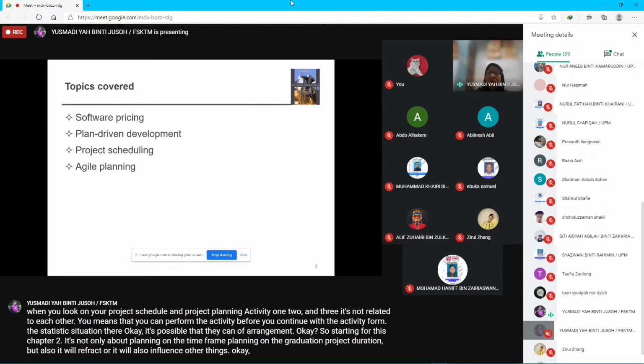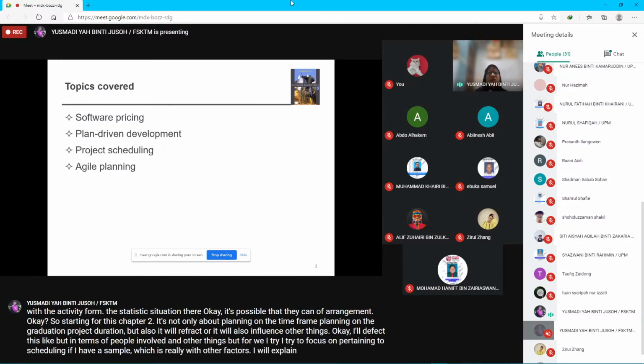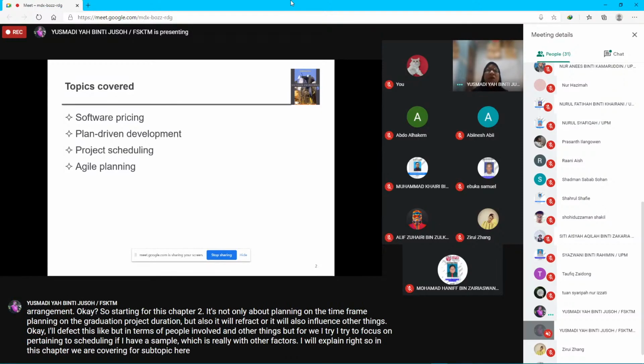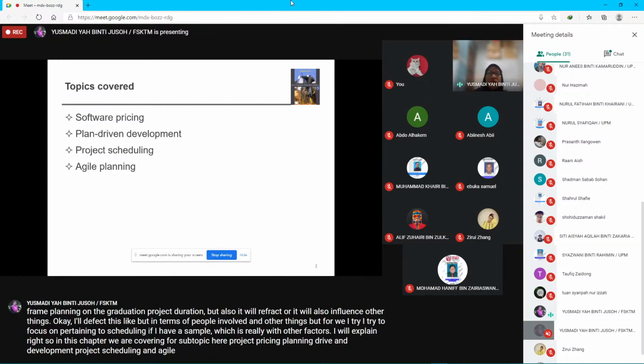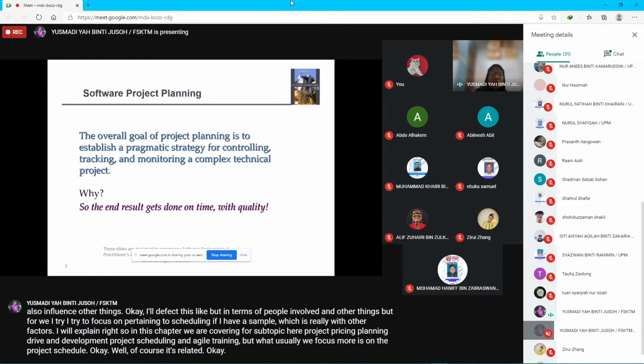But I try to focus on project planning and scheduling. If I have an example which relates to other factors, I will explain. Right. So in this chapter, we are covering 4 subtopics: project pricing, plan-driven development, project scheduling, and agile planning. But what we usually focus on more is project scheduling. Okay, but of course it's related to the other 3.